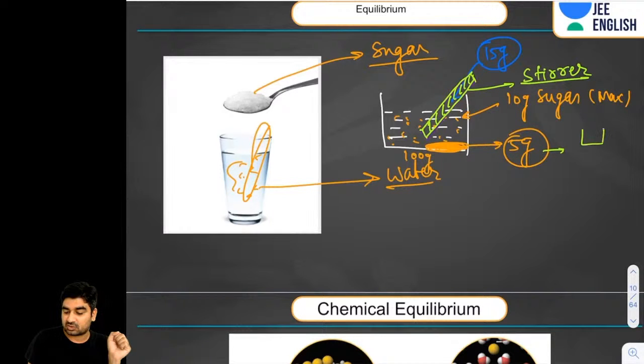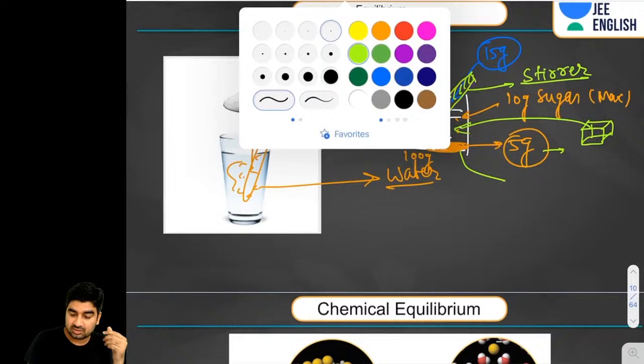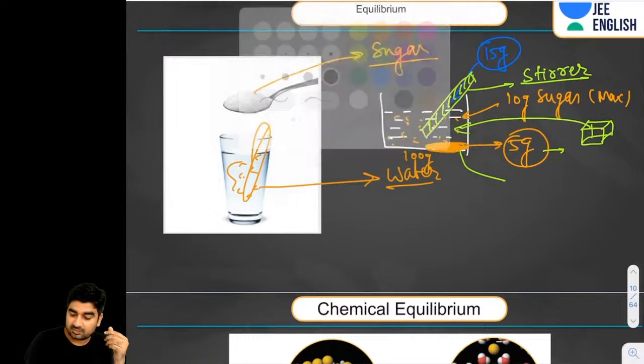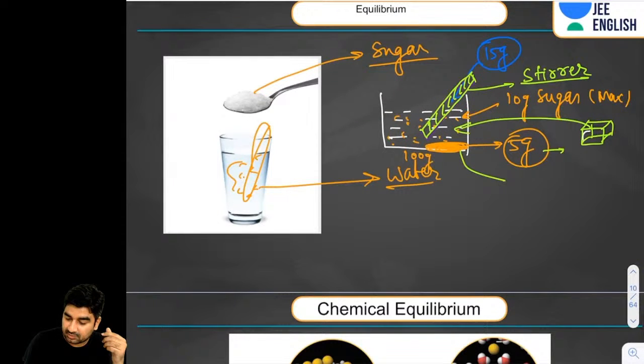If you take a sugar piece like this and add it here, then after some time you will find that the shape of this sugar piece will become round. So why will it become round? It means the rate at which sugar is dissolving in the water, at the same rate it is being undissolved.